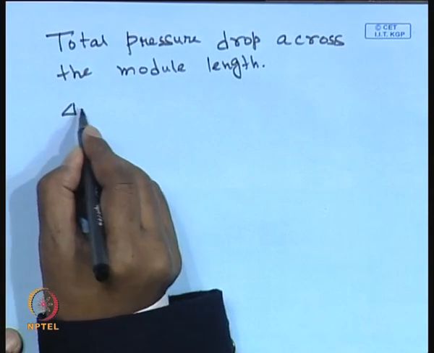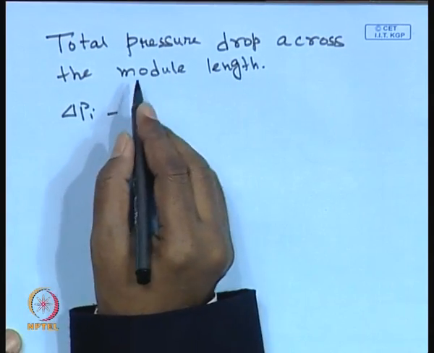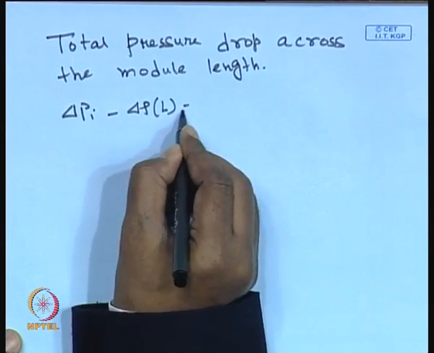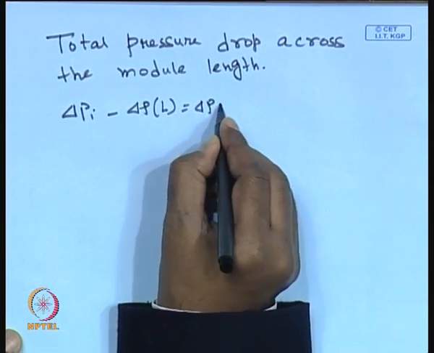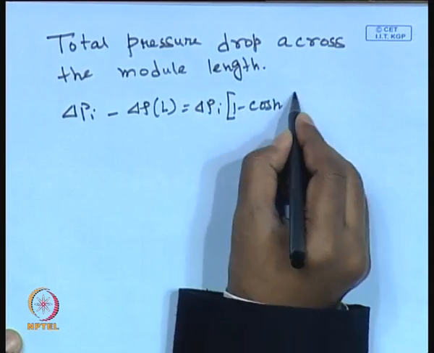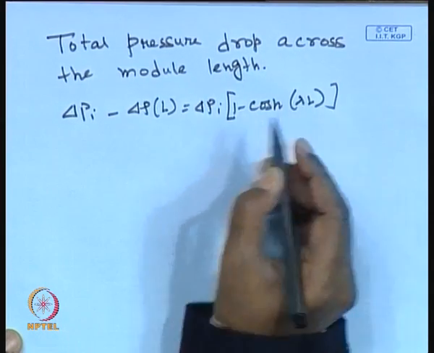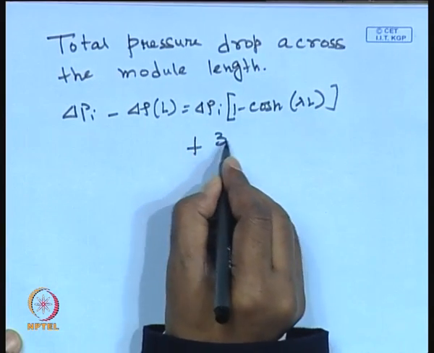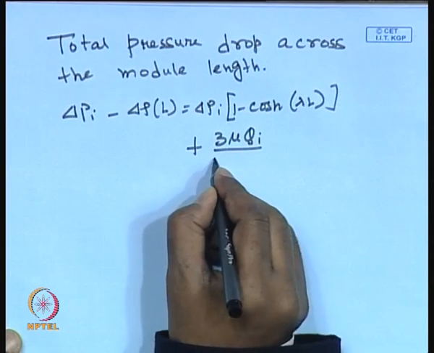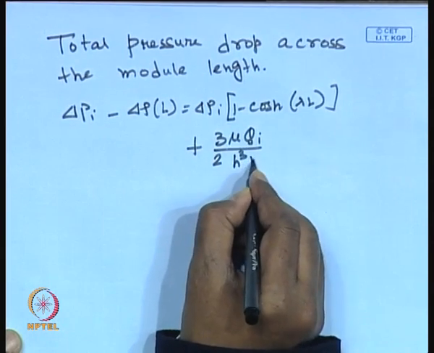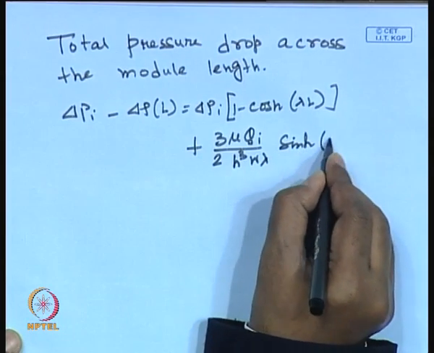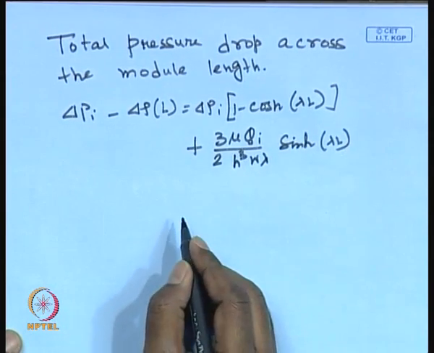So, this becomes delta p I minus delta p L is equal to delta p I times 1 minus cosh lambda L plus 3 mu q I divided by 2 h cube w lambda sinh lambda L.